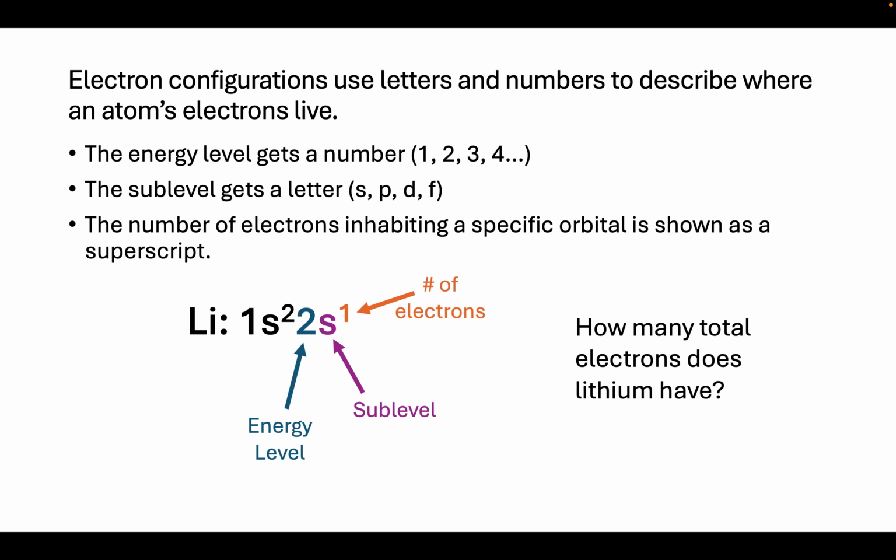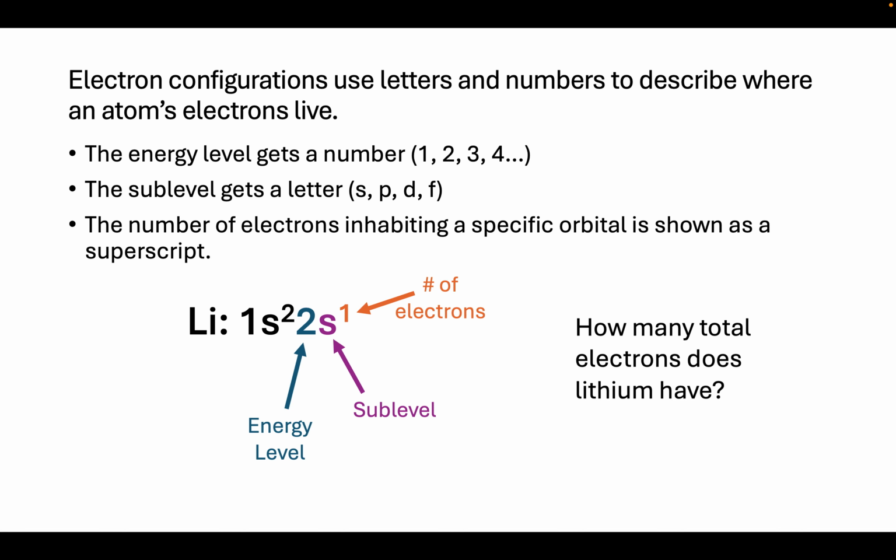Electron configurations use symbols, letters, and numbers to describe where an atom's electrons live. Some of these are familiar. The energy level gets its number, 1, 2, 3, 4. The sublevel gets its letter, S, P, D, and F, and we represent the actual electrons inhabiting that orbital with a superscript.